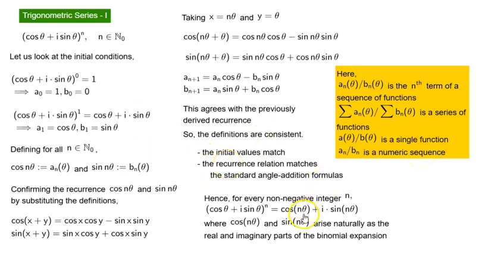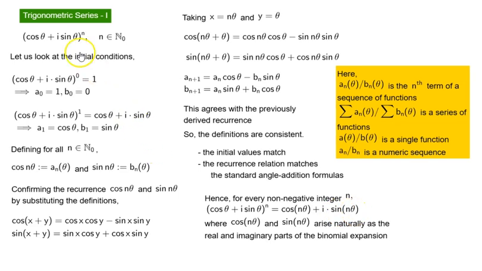But the most important point is that we have arrived at a simple expression to evaluate (cos θ + i sin θ)^n. That is cos nθ + i sin nθ. But remember, here we have only shown this for n in ℕ₀.